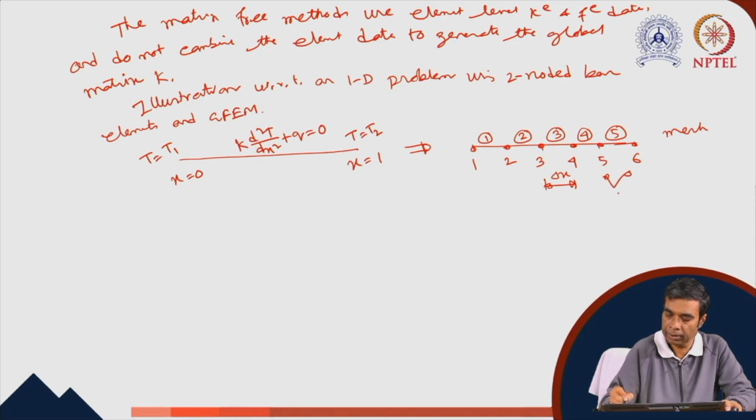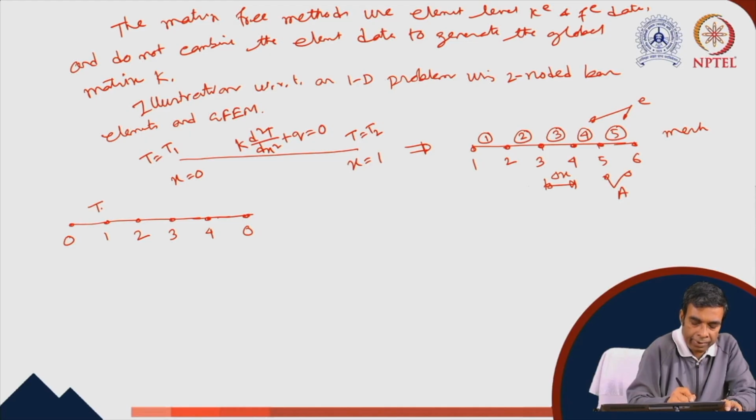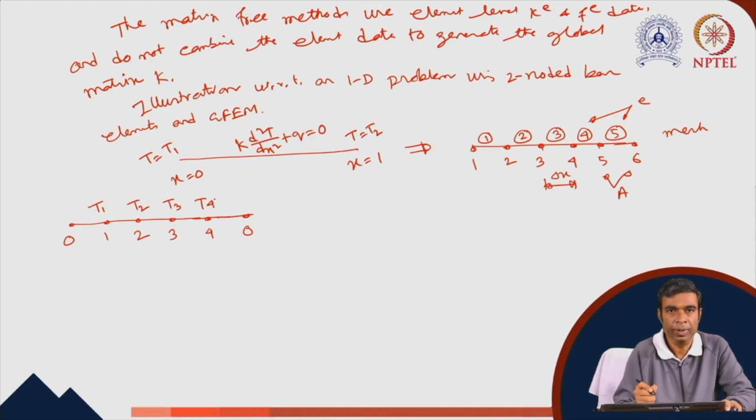So these are our capital A and these are our elements. Then we generate the ID array. So we have 6 nodes. So global equation number 0 at the boundaries, equation number 1, 2, 3 and 4 within this element, internal nodes. They are having temperatures like T1, T2, T3 and then we have T4.